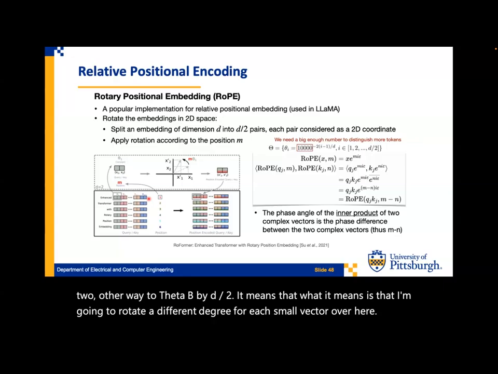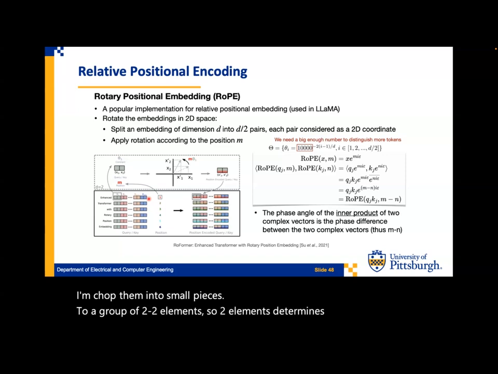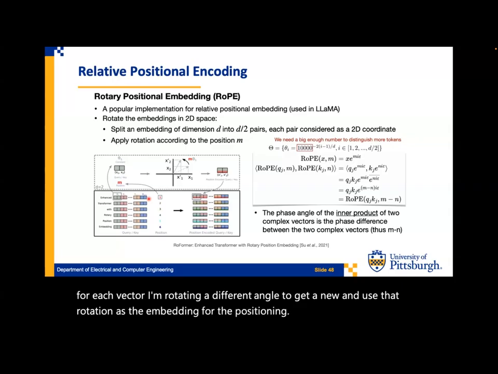So inside the original embedding, I chop it into small pieces, groups of two elements. Two elements determine one vector, right? For each vector, I rotate a different angle to get a new one, and use that rotation as the embedding for the positioning. Okay?